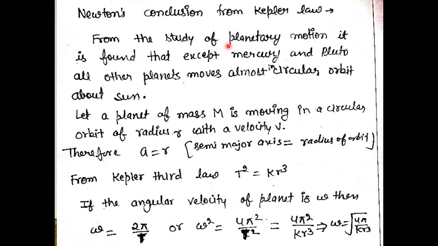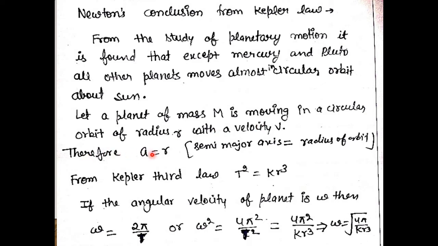From the study of planetary motion, it is found that except Mercury and Pluto, all other planets move almost in circular orbits about the Sun. Let me take a planet of mass m moving in a circular orbit of radius r with velocity v.